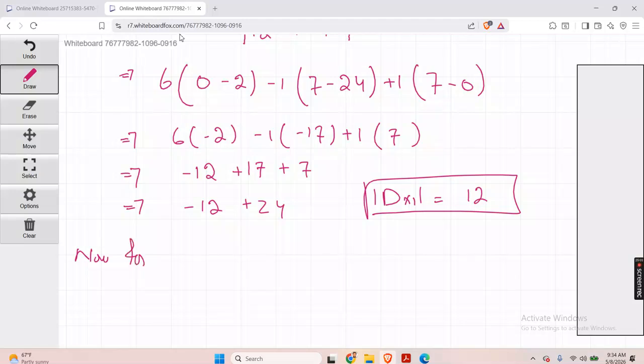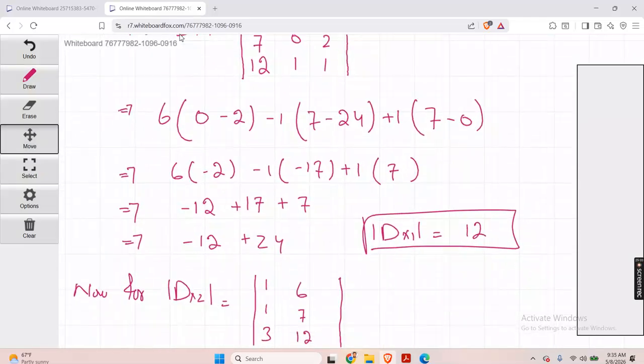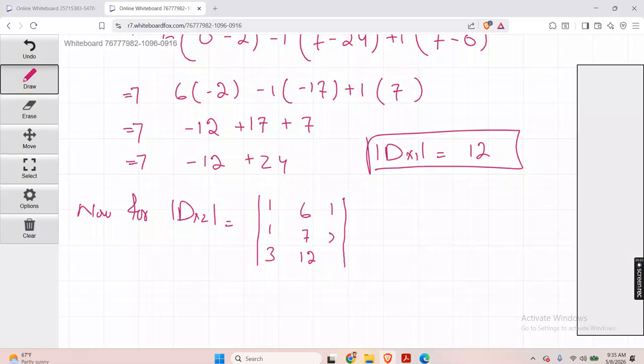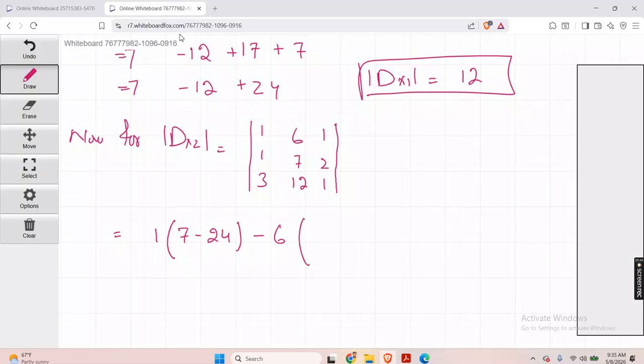Now for dx2, this column will remain the same, 1, 1, 3. The second one will change, which was 6, 7, 12, and the last one will remain the same, 1, 2, 1. Again 1 will come outside. It's the determinant rule. First row, first column, so we have 7 into 1, 7, 12 into 2, 24. Then second is minus 6.